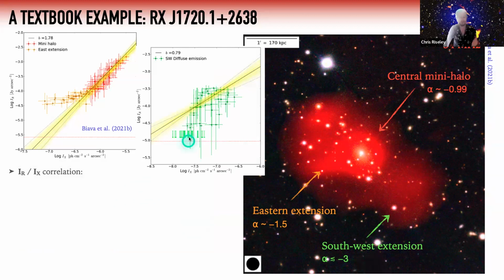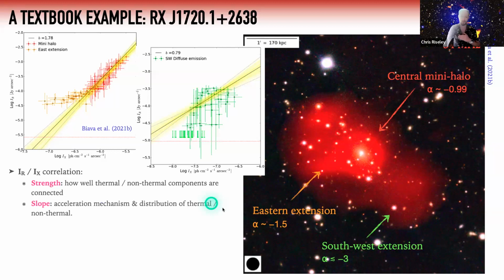So one of the things that we like to do is study this correlation between the radio and X-ray surface brightness. The strength tells us how well the thermal and non-thermal components are connected. The slope of the correlation provides insights into the acceleration mechanism and the distribution of thermal and non-thermal particles, because as you go to fainter X-ray surface brightness, we're typically looking at regions towards the cluster outskirts.